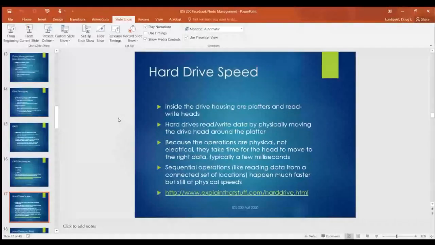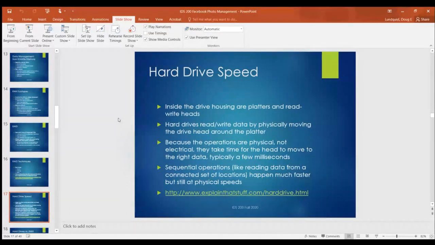Okay. So the next slide right after RAID, hard drive speed. This applies to a point to solid state drives, which although they're faster than ordinary hard drives, are much slower than regular RAM. So for hard drive speed, basically you have a disk that spins around like an old-timey record player.